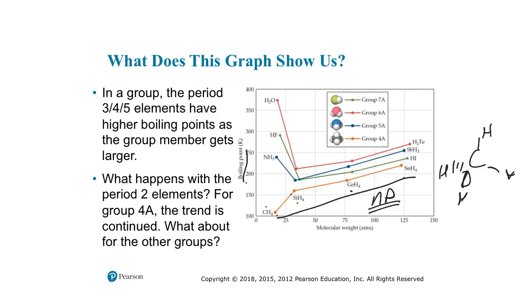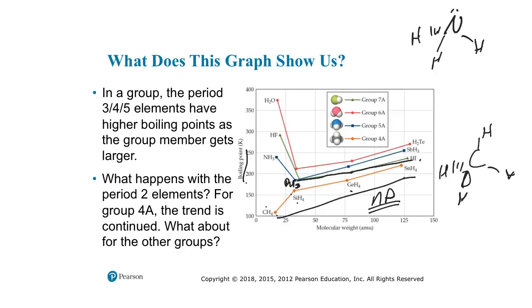Then if you look at something like NH3 to PH3, the difference between N and P is that the nitrogen is really electronegative, the molecule's polar. So NH3 is polar, and then the phosphorus is polar as well, but it's not as polar. And then the next atom down from phosphorus, I believe is arsenic, but it grows in size, and so then size kicks in, and then arsenic has a greater boiling point, as does the next one in that trend.